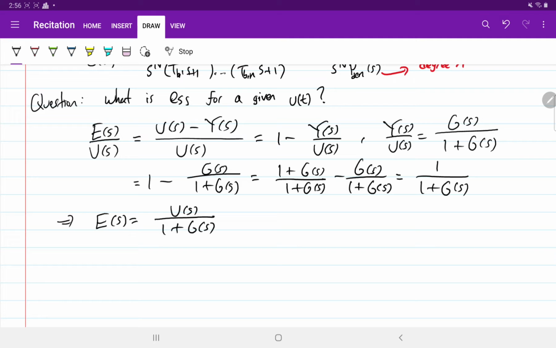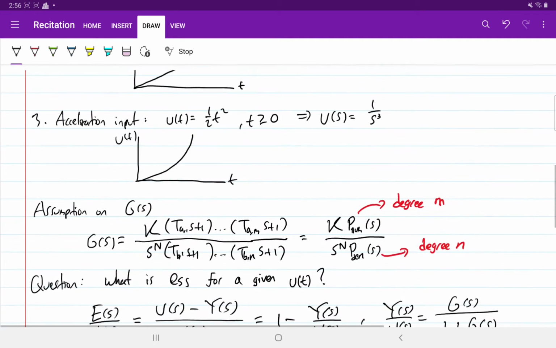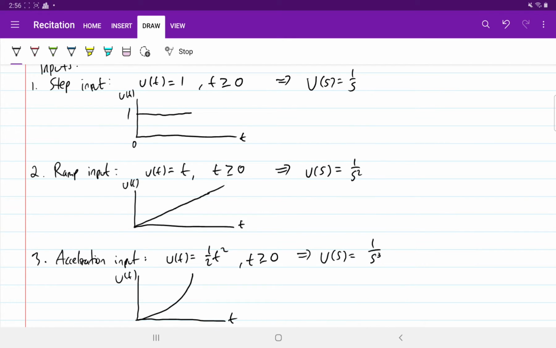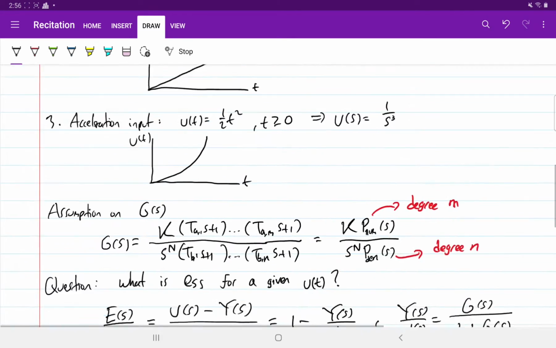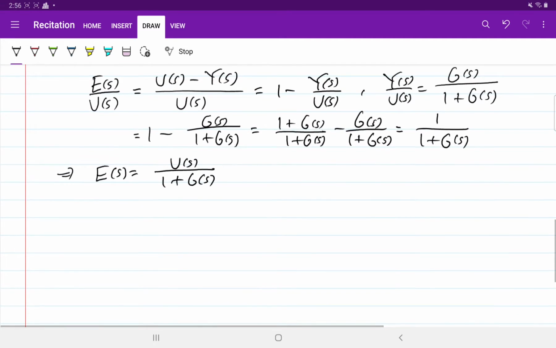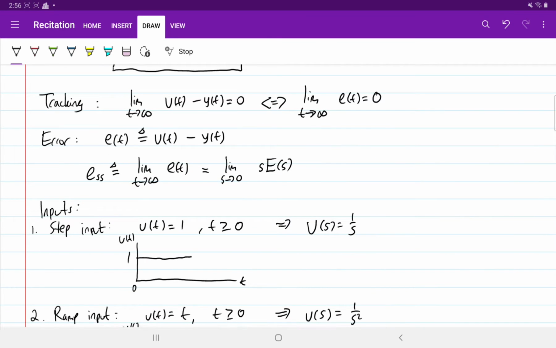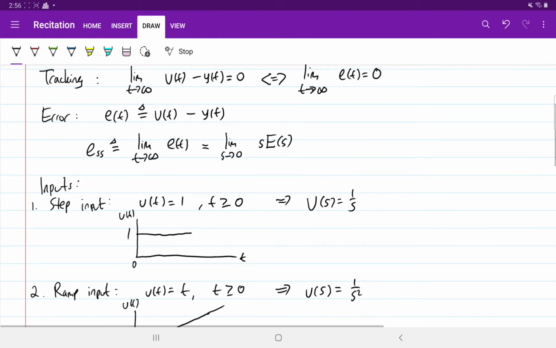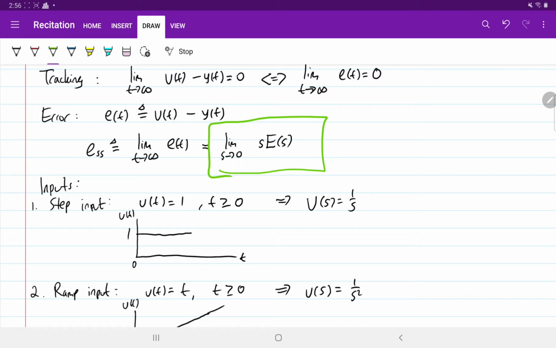Okay, so we will determine the steady state error for these three different types of inputs, and assuming that the system is stable, then we can use the final value theorem. So we will use this equation right here.